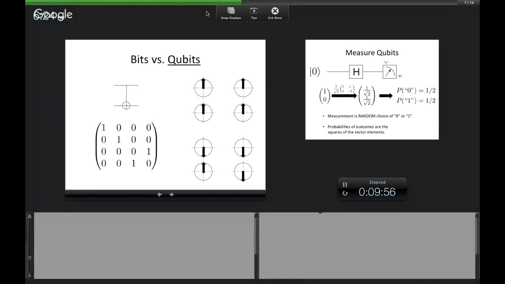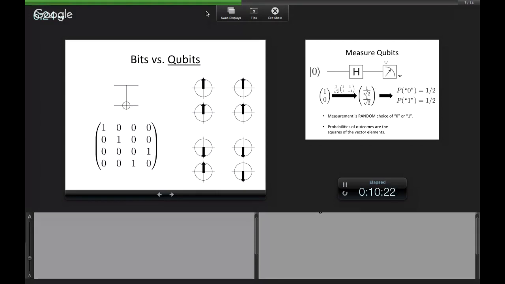But now, if we're going to have 2 qubits together, we have to write out 4 components, representing when they're both 0, when one of them is 1, when the other one is 1, or when they're both 1. And so that's what this C-NOT matrix would be acting on, a vector that looks like this. Does that make sense so far, everybody?